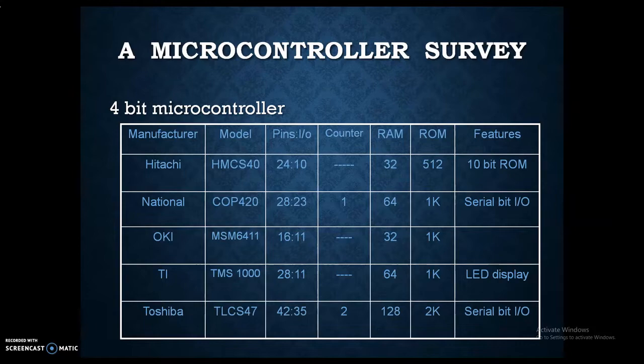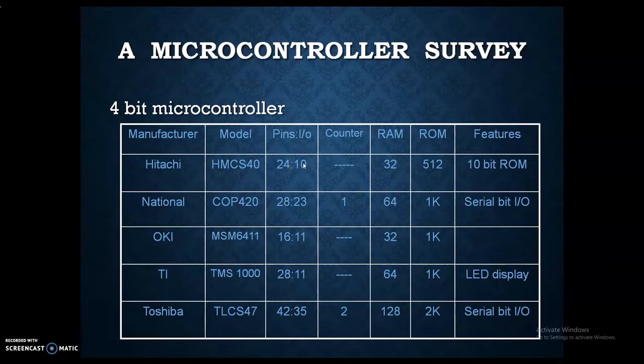So now these are some microcontroller surveys of those used by different companies. You can see this model made by the Hitachi company has 24 pins in the chip, where the input output pins are 10.